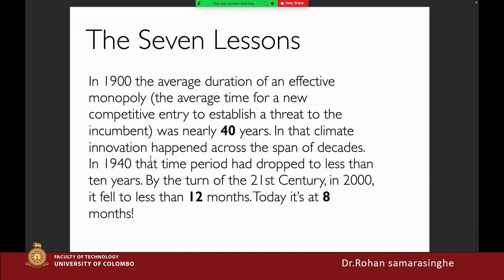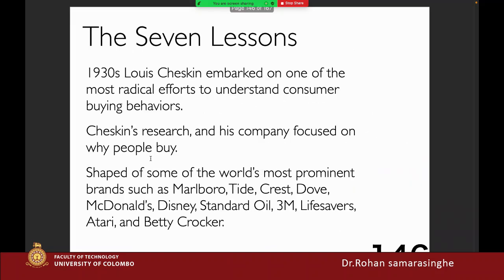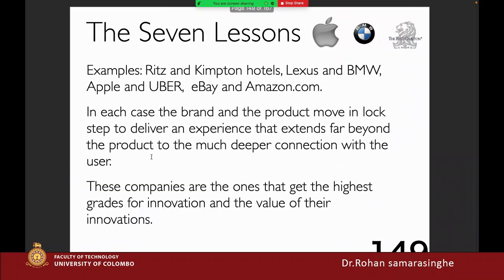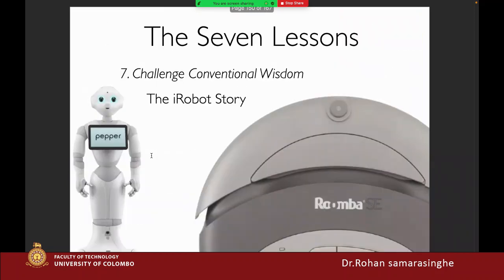Next one, the last one, is challenge conventional wisdom. This is the iRobot story.